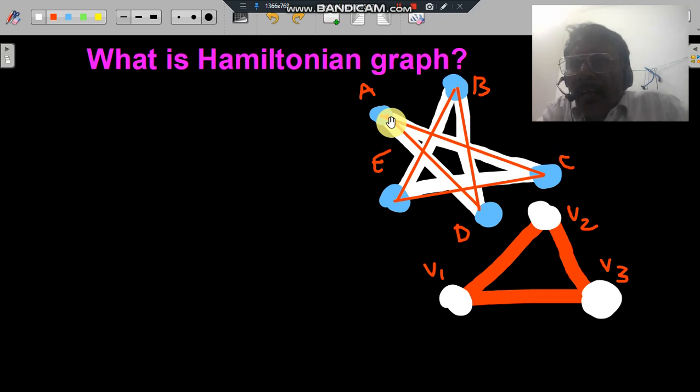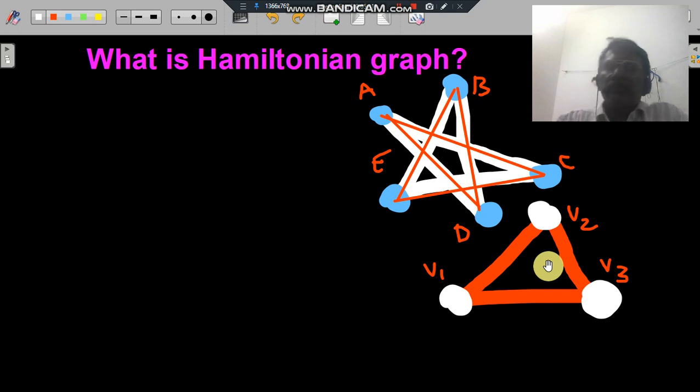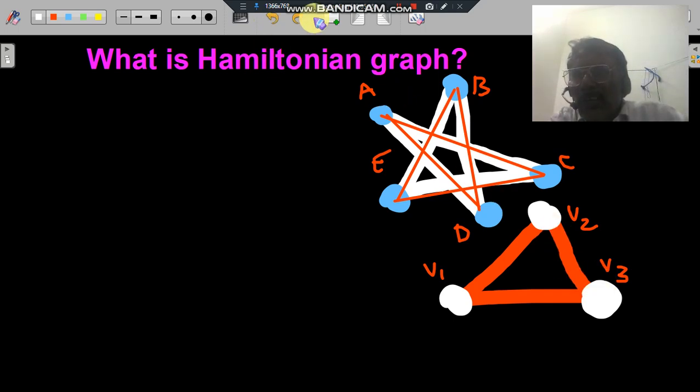Okay, in a similar way this picture also. Now look at that. From V1 to V2, V1 comes only one time, V2 the second vertex comes only one time, and V3 is crossed only one time.